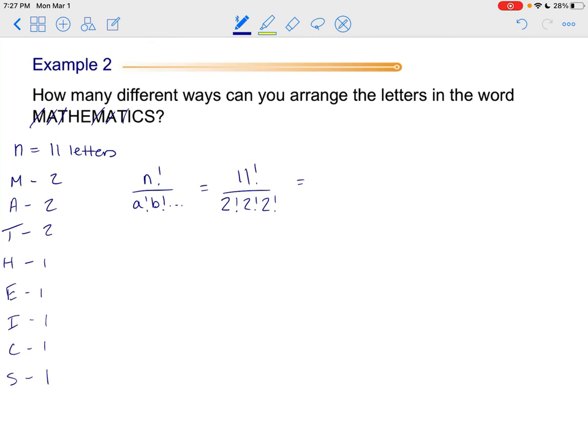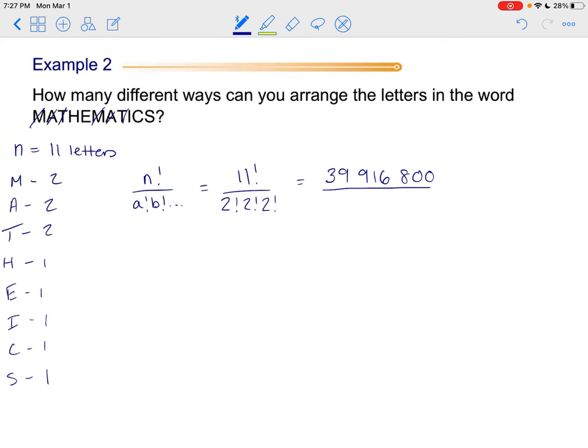And we'll work that out to be, so 11 factorial is, and this is going to be one of those numbers where it's starting to get close to the limits of what your calculators are going to do. So we could simplify 11 factorial a little bit. We can cut off one of the 2 factorials, but I don't know if that's really going to help us here.